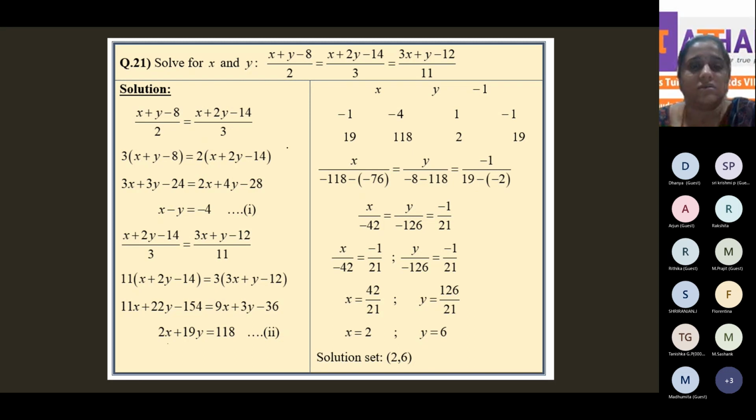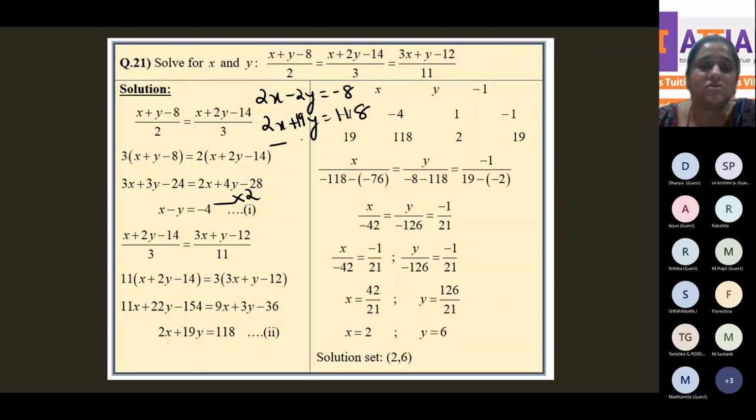Now you'll have to solve these two equations. Maybe you can use the elimination method. Multiply this one by 2 throughout, so you get 2x minus 2y is equal to -8. And the second equation is 2x plus 19y is equal to 118. Change the signs, and this gets cancelled. So what do I get?